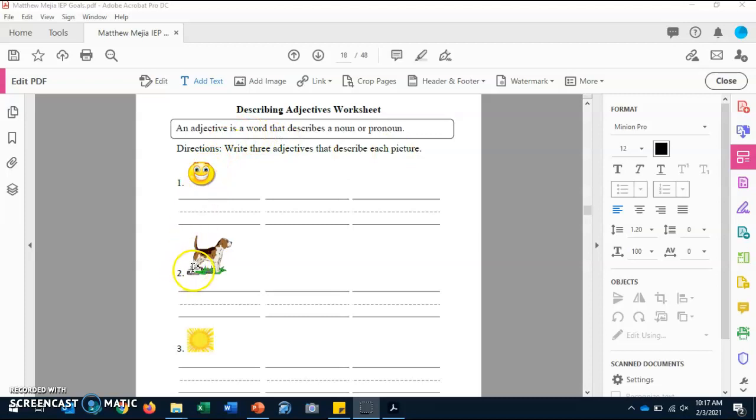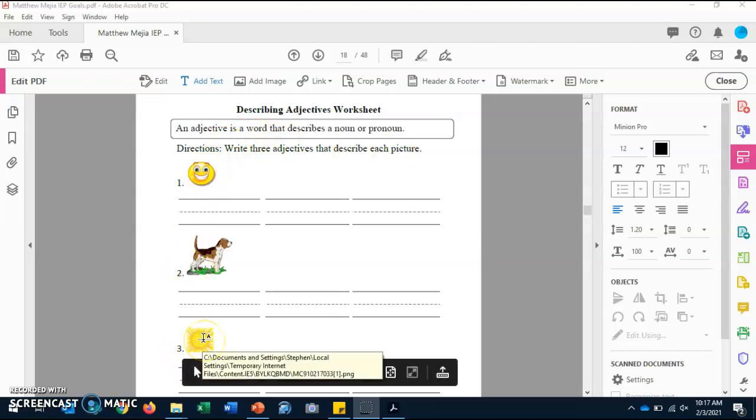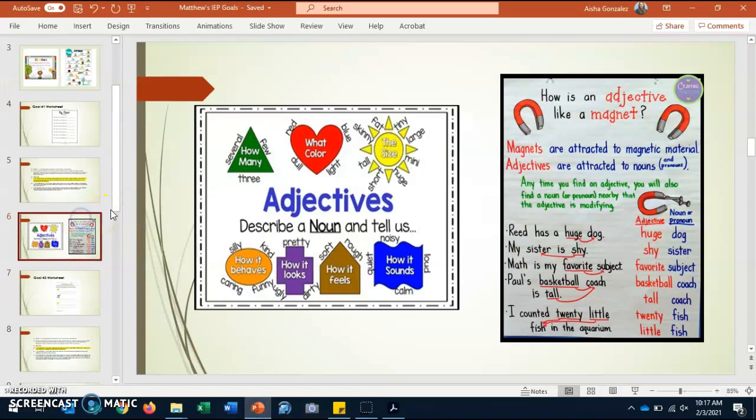So we have 3 pictures here, and we need to describe these 3 pictures. If we recall, when we're describing a noun, we're talking about how many there are, what color it is, the size, how it behaves, how it looks, how it feels, or the sound.